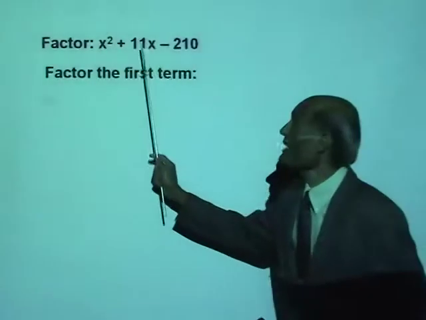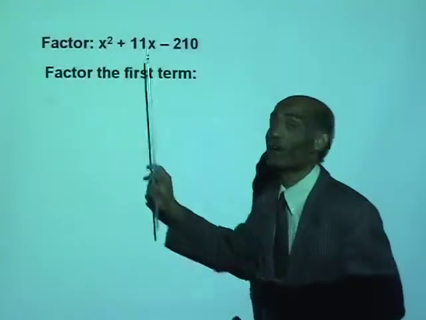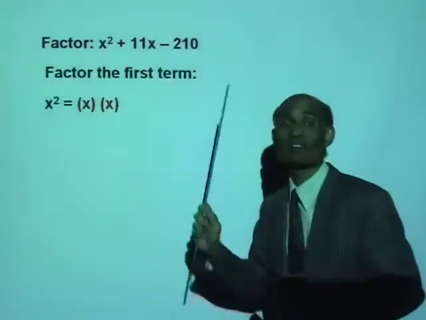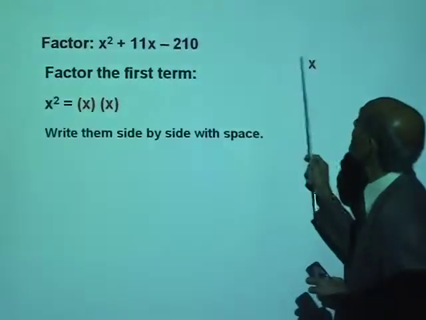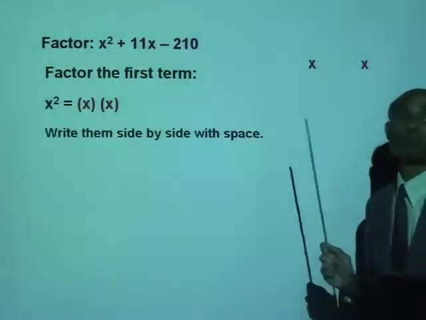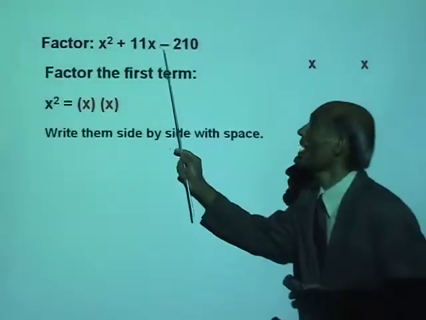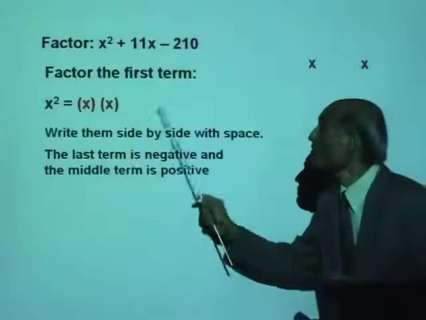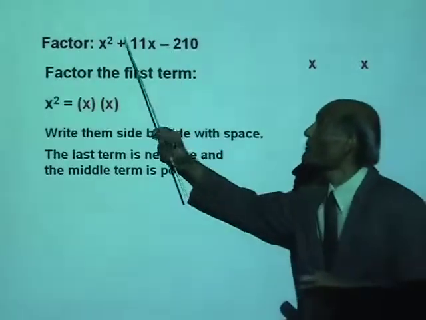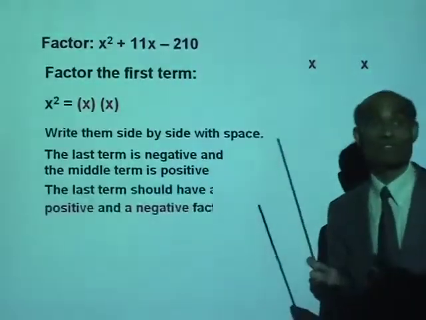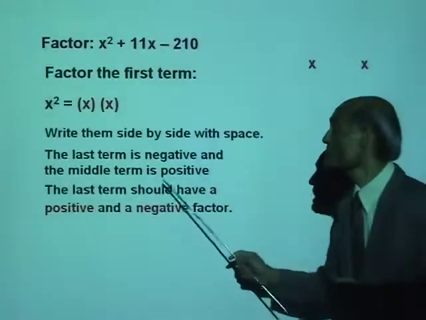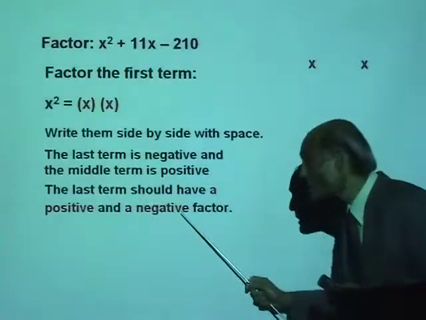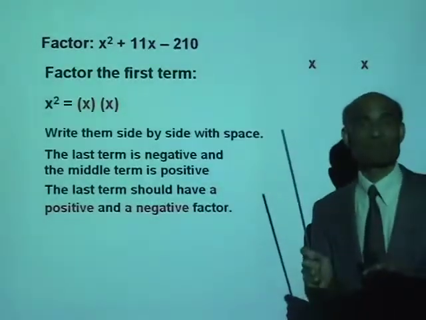We start by factoring the first term. X squared can only be factored as x times x. Write them side by side as usual. And now, how do we factor negative 210? The last term is negative and the middle term is positive. That means the last term should have a positive factor and a negative factor.